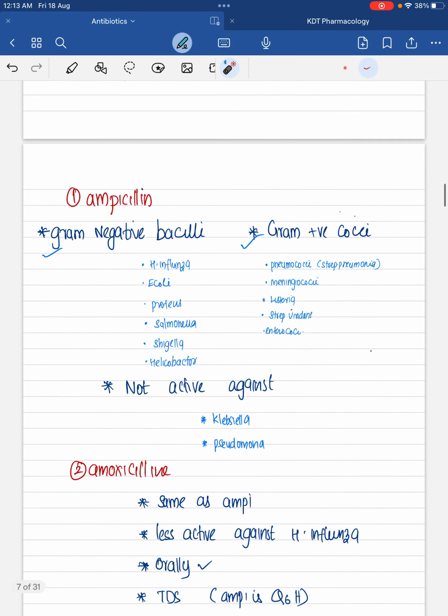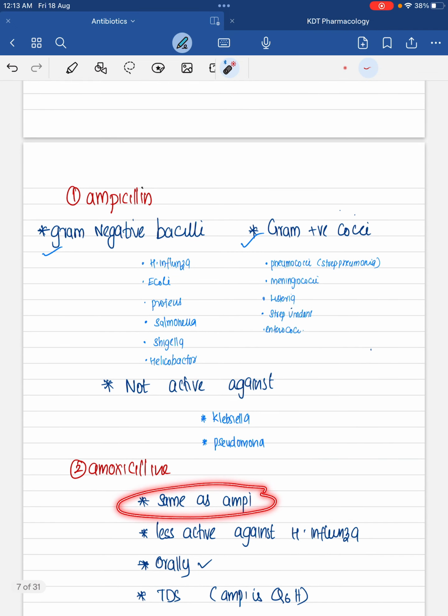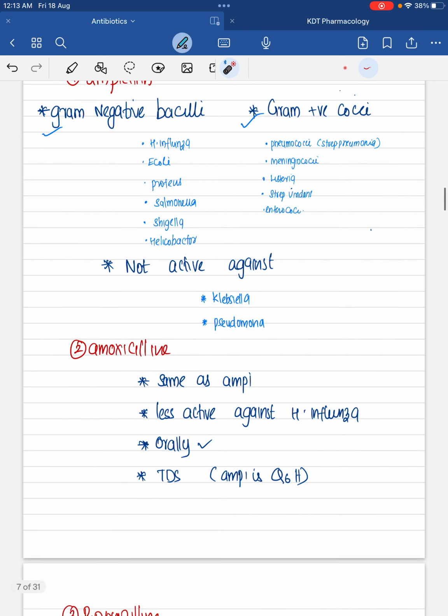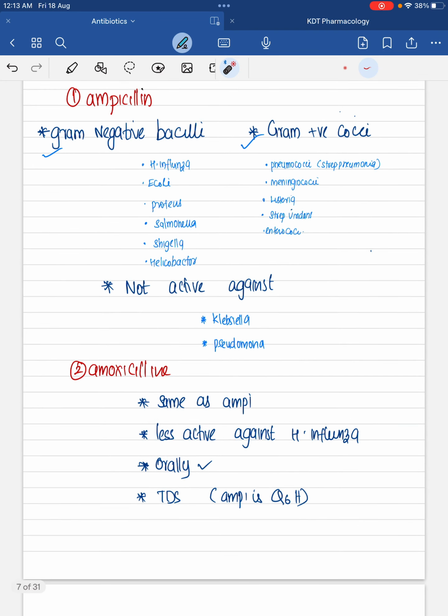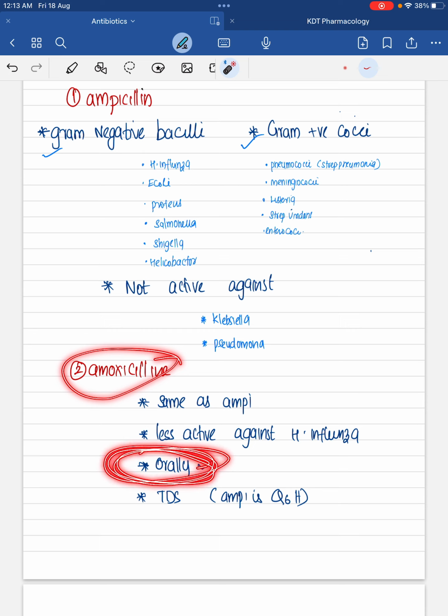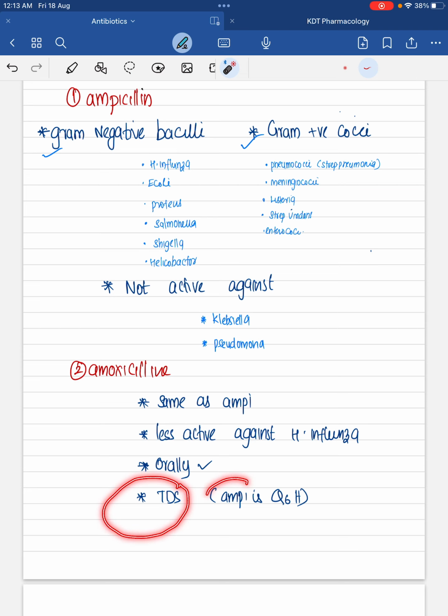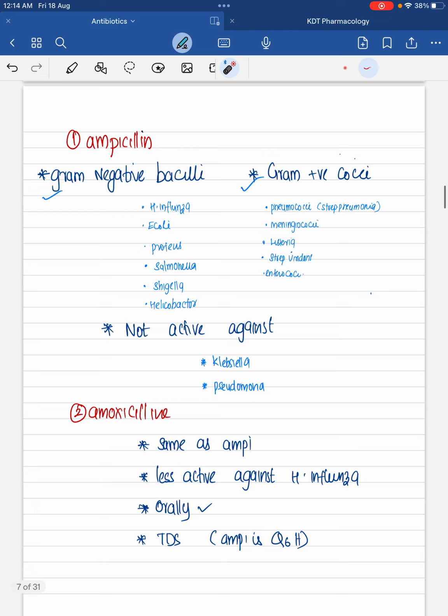Now amoxicillin has the same coverage as ampicillin, but is less active against Haemophilus influenzae compared to ampicillin. The other peculiarity is amoxicillin is highly orally absorbable, and amoxicillin is thrice daily, but ampicillin is 6th hourly. This much clear?